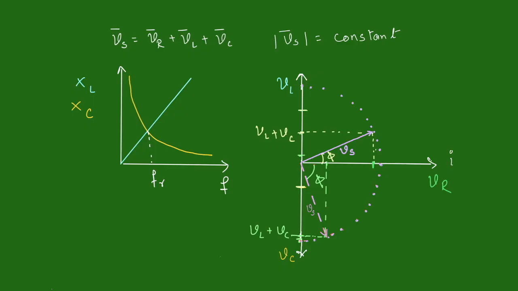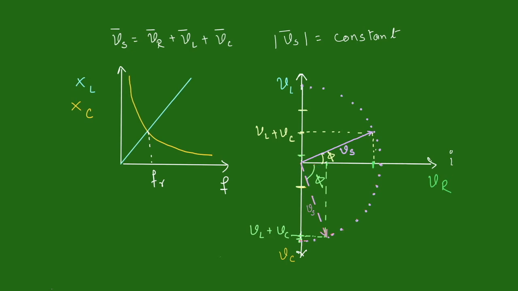From this, it is clear that Vr is changing with the frequency of the applied signal. At F equal to Fr, VL plus Vc is equal to 0, giving us Vr equal to Vs. When we decrease frequency below FR, as VL plus VC goes on increasing, VR goes on decreasing, keeping VS constant.